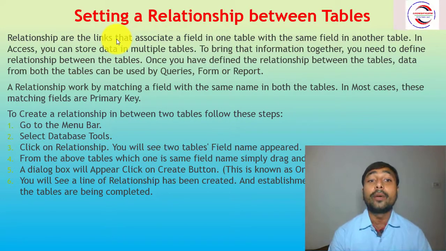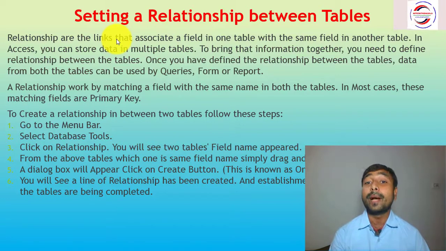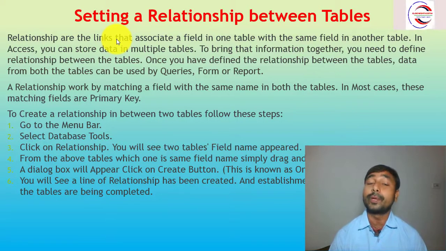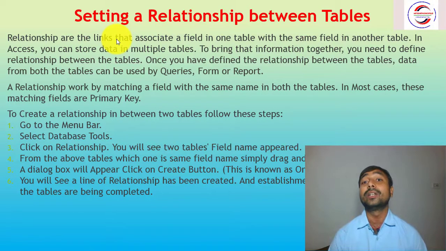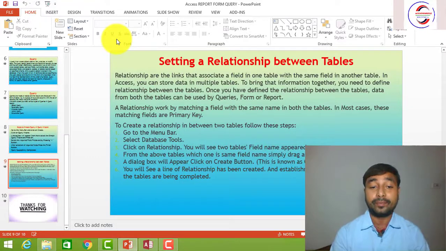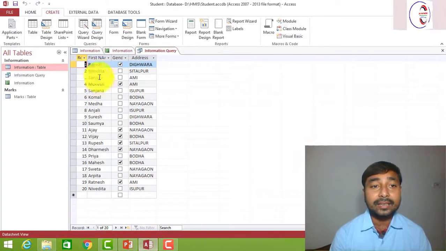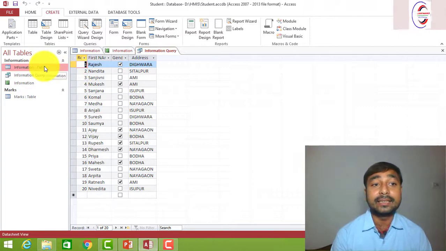So first of all, we will have to make the relationship by using the primary key in both tables. Whenever we have two or more tables, first of all we will have to make the relationship by adding the primary key. How to make the relationship, you will see practically. Click on MS Access, and let us see the first table.